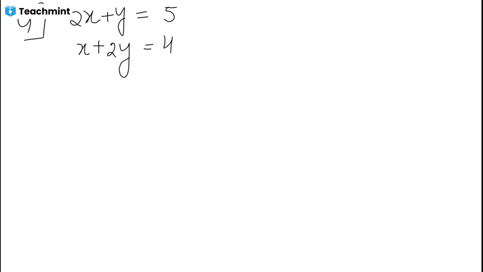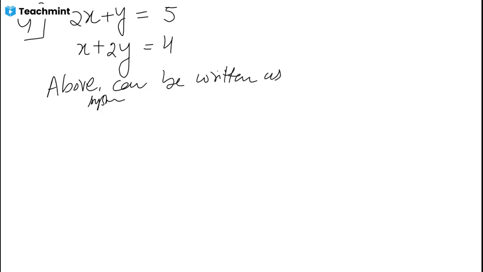So our system can be written in the form Ax is equal to b, where we'll take this A as the coefficients of x and y. Here the coefficient of x is 2.